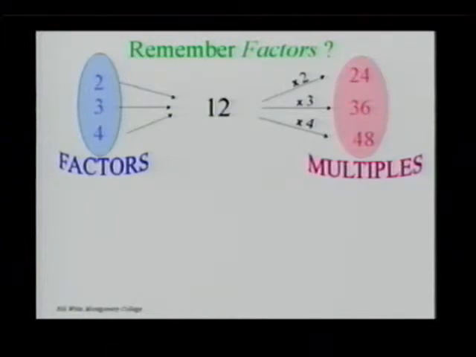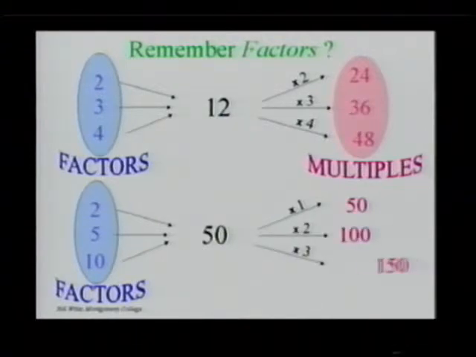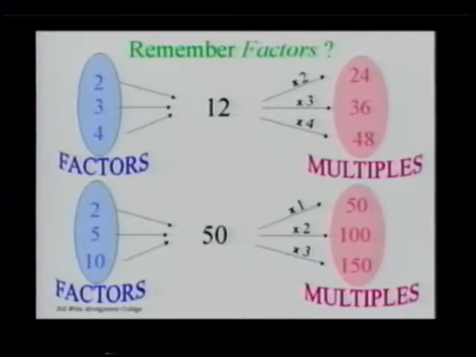These are called multiples. Numbers that go into 50: 2. Now 3 doesn't go in evenly, so it's not included. 5 goes in evenly, 10 goes in evenly, so these are factors. Numbers that 50 goes into, or that a number goes into, are multiples. It's going to behoove us to know those words.